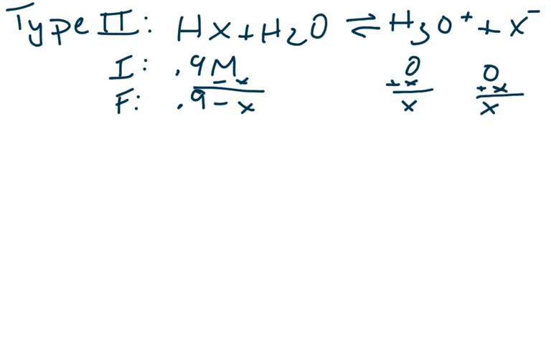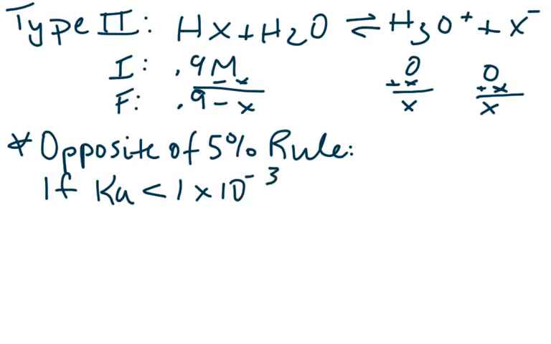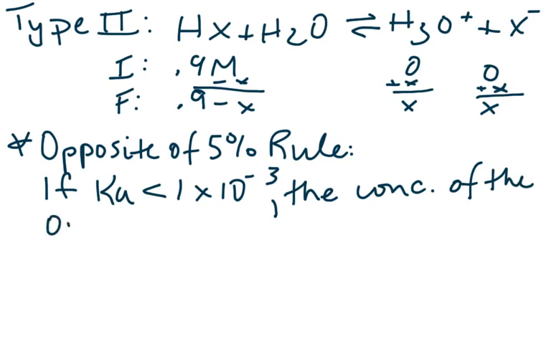So now that we have that information, we're going to learn about another rule called the opposite of the 5% rule. I didn't make these names up. This is what it's called. And what that says is if Ka or Kb or whatever we're calling it is smaller than 1 times 10 to the negative 3, then the concentration of the original substance is unchanged.